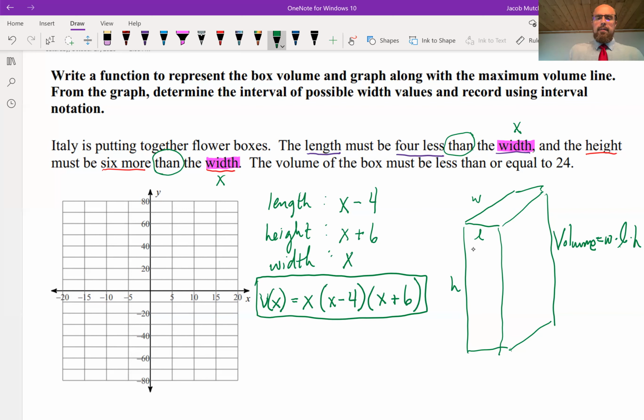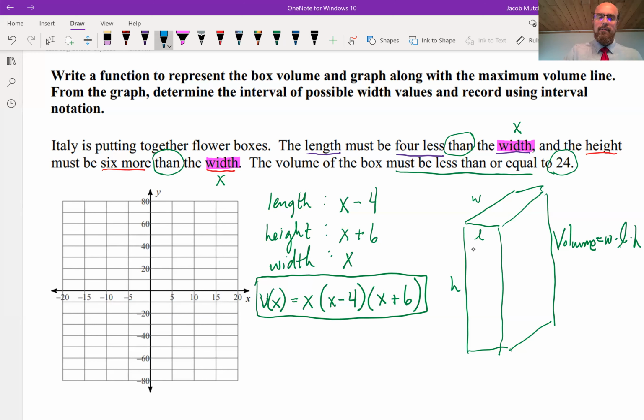Now I want to graph that, but I also want to think about the constraints of the situation. Really, our maximum volume that we're told this box can have is 24. And what this implies is that I really have an inequality that I'm going to use my original function for volume and this number 24, because the volume must be less than or equal to 24.